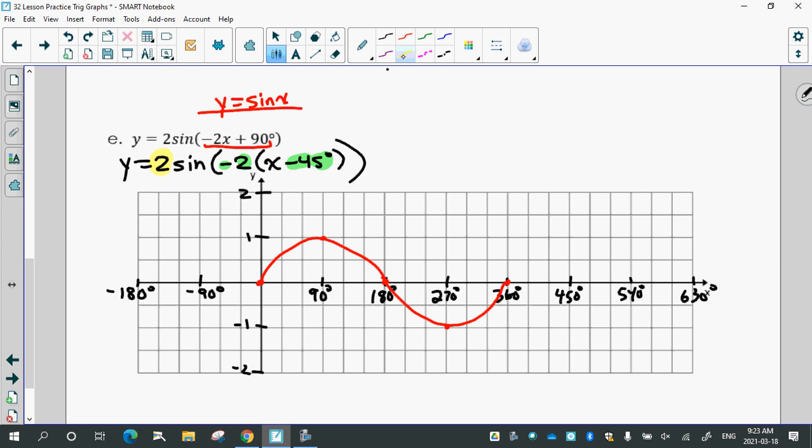Does anyone have one of the 4 transformations? Okay, I'm going to put that one last.